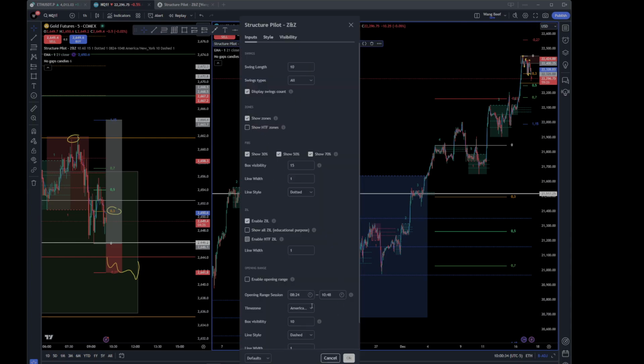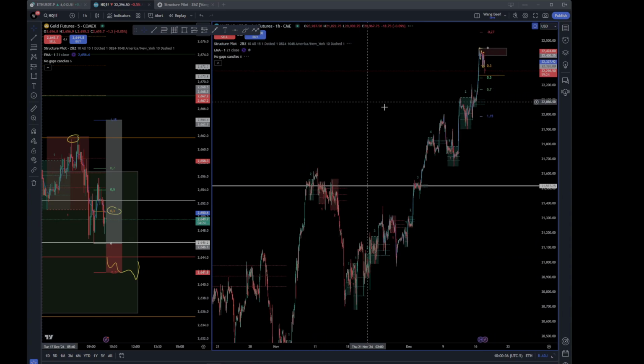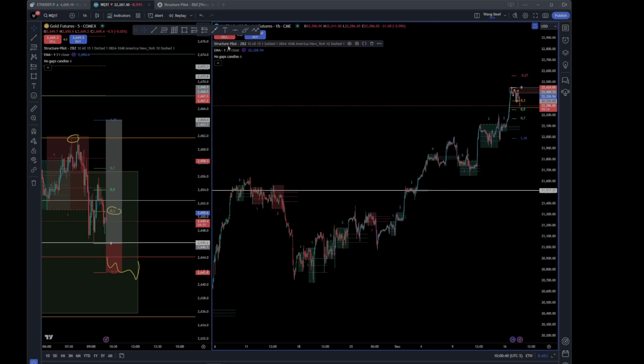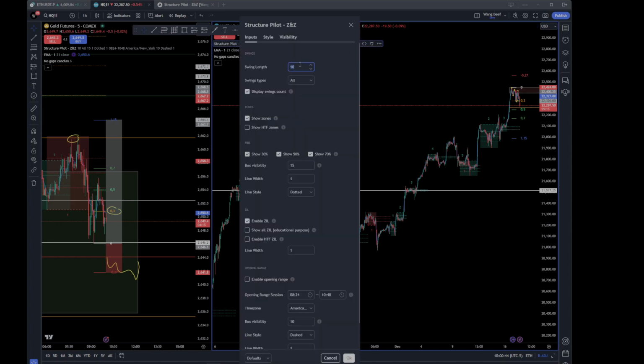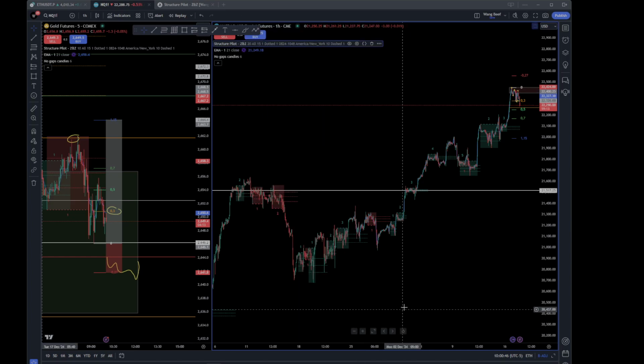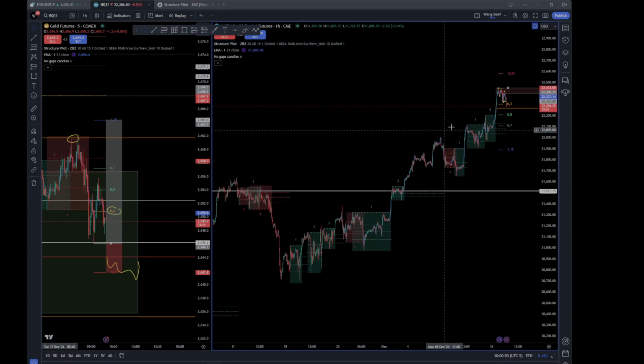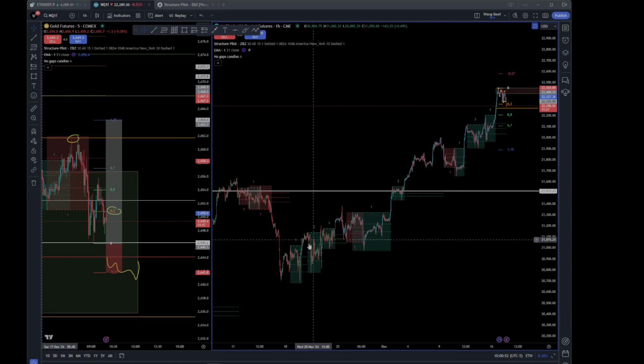Get this off. Here we go. Let me see if I can find the right settings to show all the zone. So yeah, it's something more accurate. This is more accurate already.